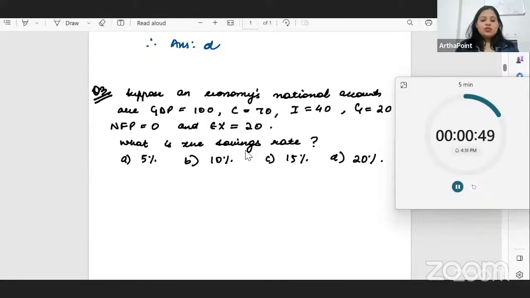Import value is missing from this question. Think about it now.